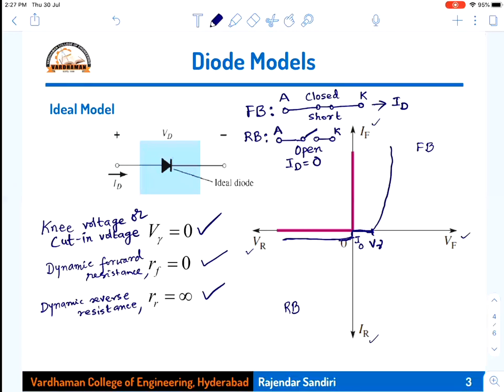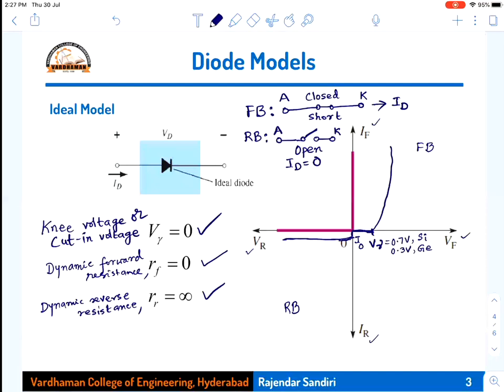Now V gamma for a silicon diode is 0.7 volts, and for a germanium diode it is 0.3 volts. But in case of an ideal diode, for both germanium and silicon, it is 0.